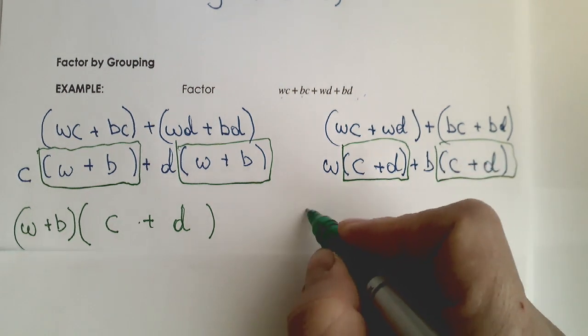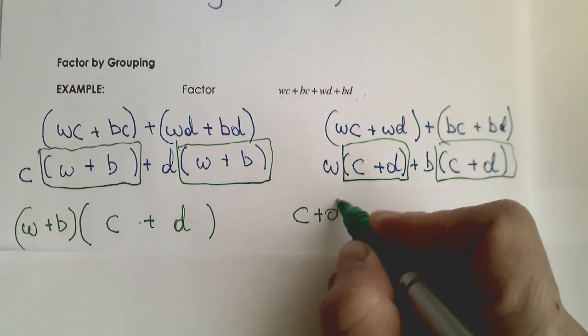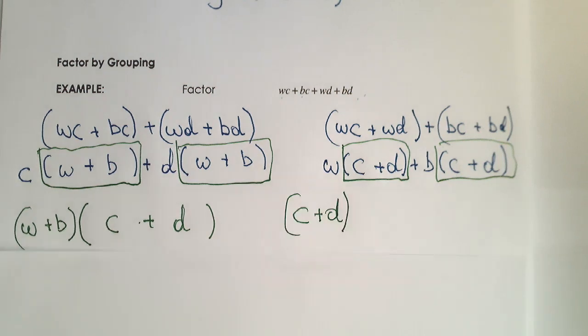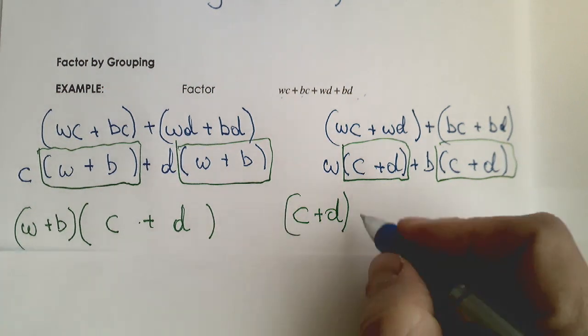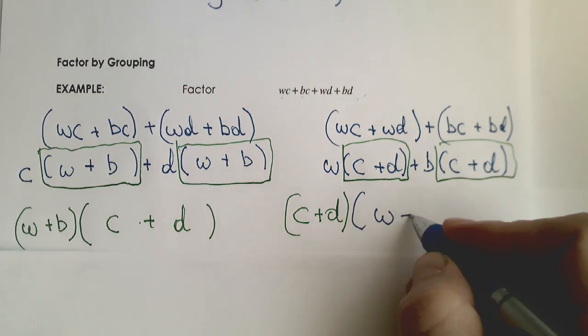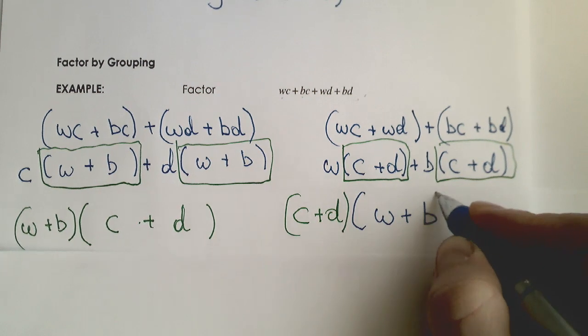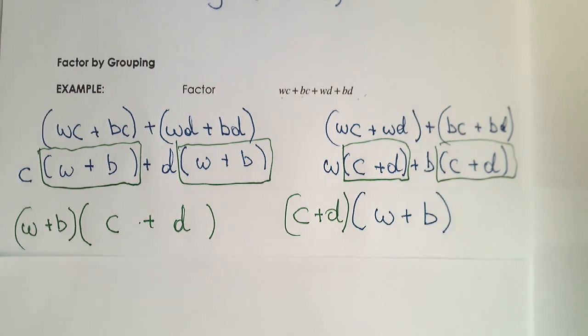So I'm going to factor it out, C plus D, and then I will be left with W plus B in this bracket. And as I can see, these two answers are exactly the same. So it doesn't matter how you group these terms, as long as you group them with a common factor.